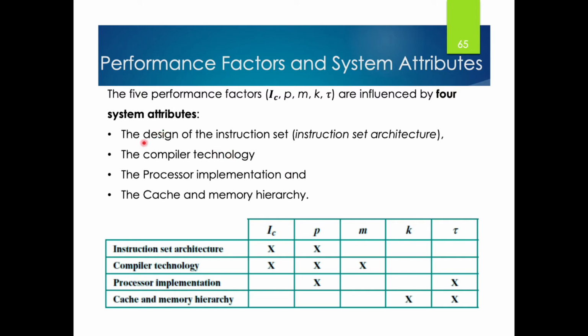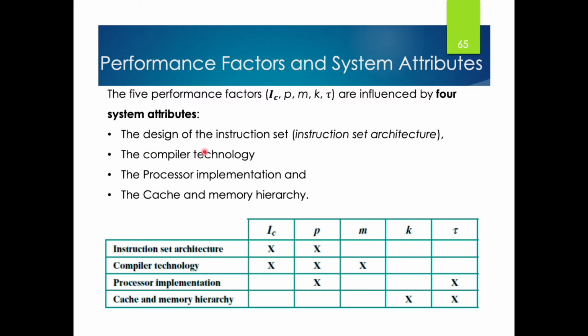Okay, so it is easy to realize that the time taken to complete a program depends on IC, P, M, K, and tau, which are performance factors. To make a program fast, those factors must contribute accordingly to the speed of the system.